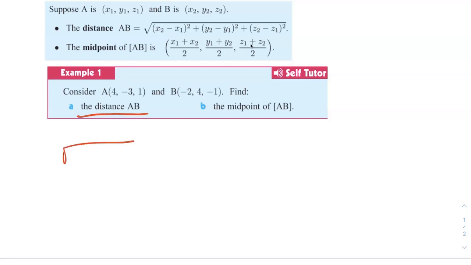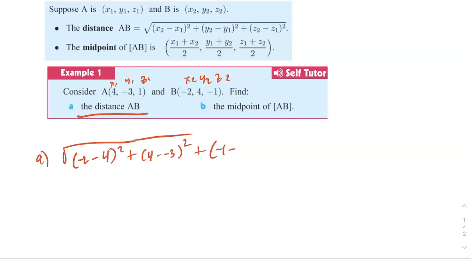So the first one, distance AB. Let's use the formula. This would be x1, y1, z1, x2, y2, z2. So following the formula, we're going to get x1 minus x2 squared plus y2 minus y1 squared plus z2 minus z1 squared.